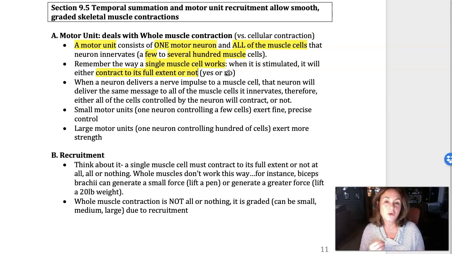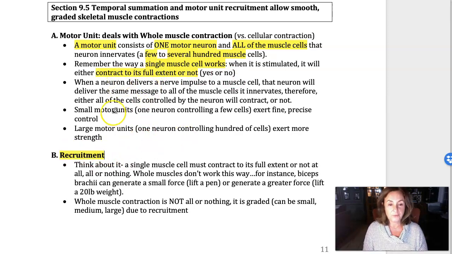But you can see how when you look at a whole muscle, the response is graded. It's not yes or no. That's a big difference. So with a whole muscle, you can have a weak contraction or a strong contraction. And the way that that's done is through recruitment.